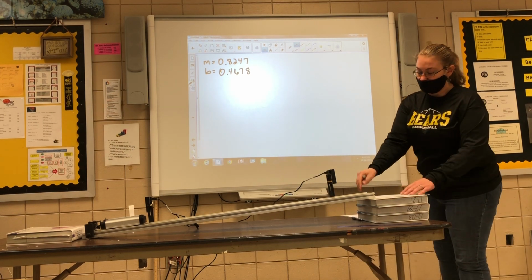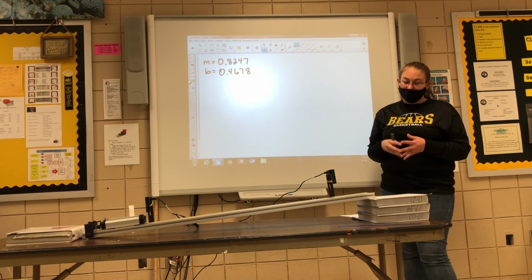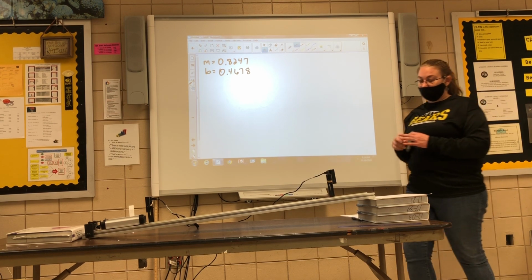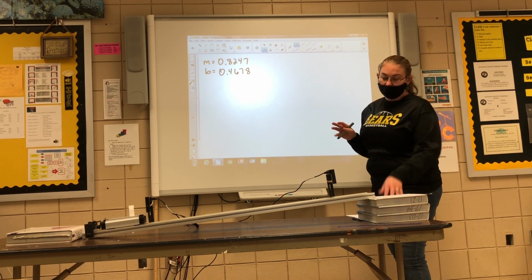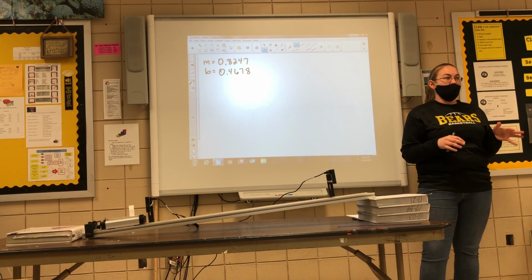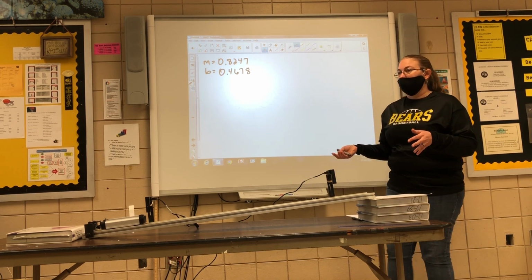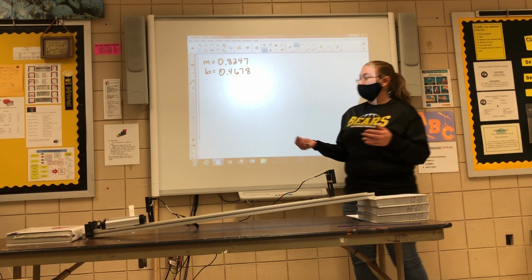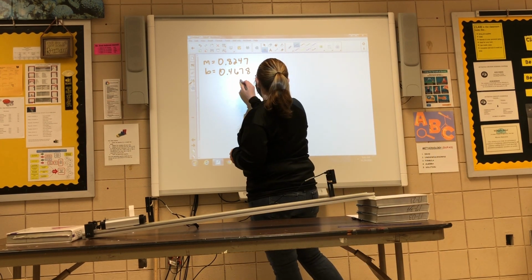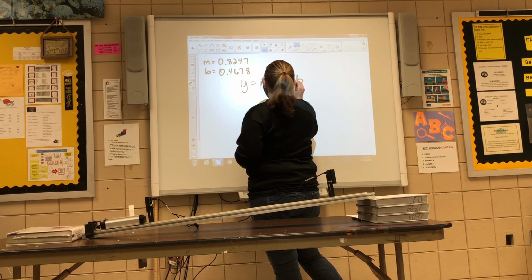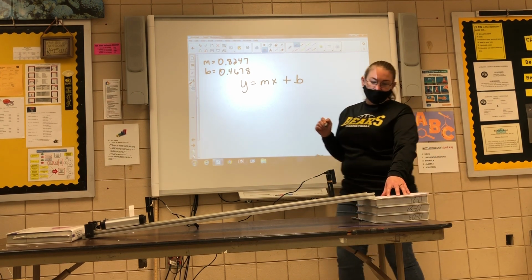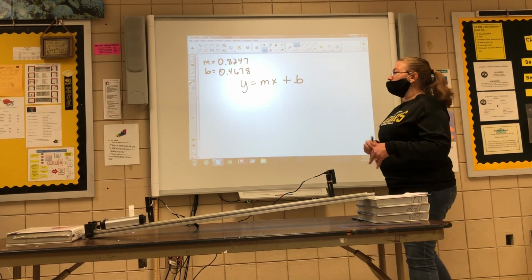So we're just gonna have those off to the side. It says do a 4-step method to analyze the graph. So when we start the 4-step method, we always start with the equation for a straight line. What's the equation for a straight line? Alright, so we have y equals mx plus b.